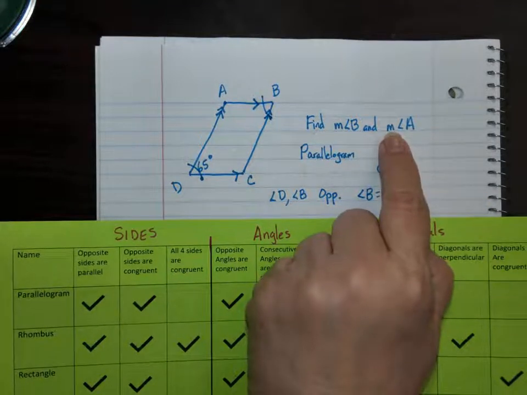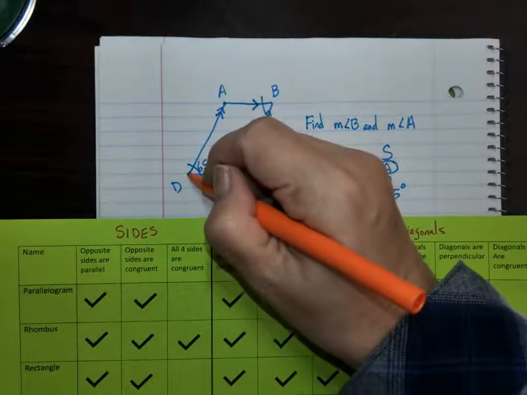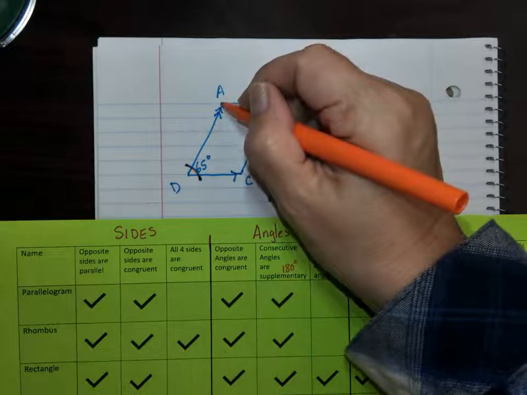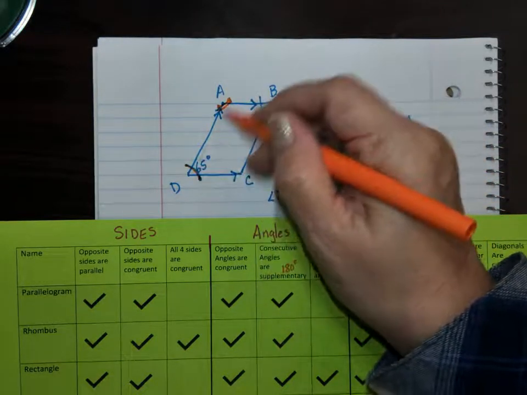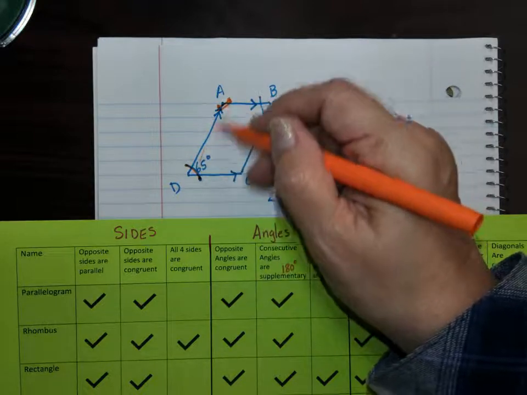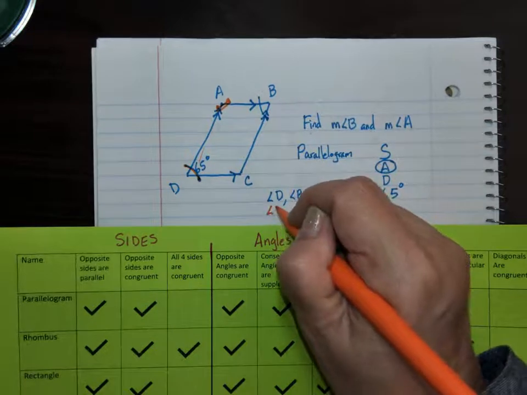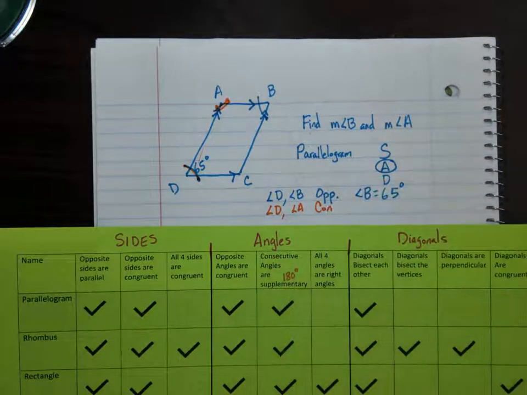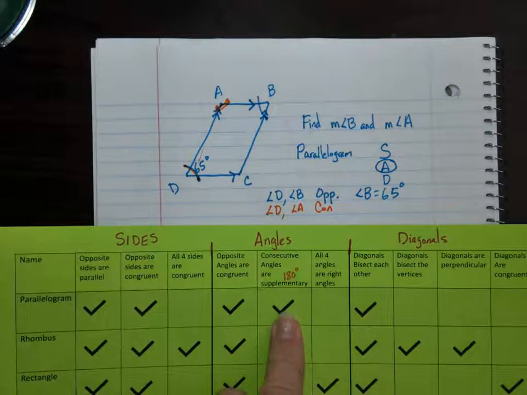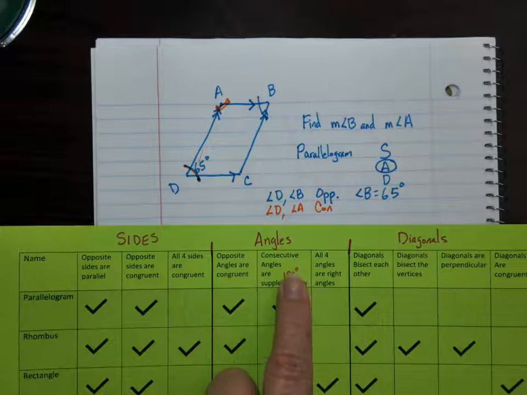Alright, but now what about the measure of angle A? So now you got to look. If this is angle D right here, and this is angle A, these are not opposite. These are called consecutive. One right after the other. So angle D, angle A, that's consecutive. My chart tells me that consecutive angles are supplementary. They add up to 180.